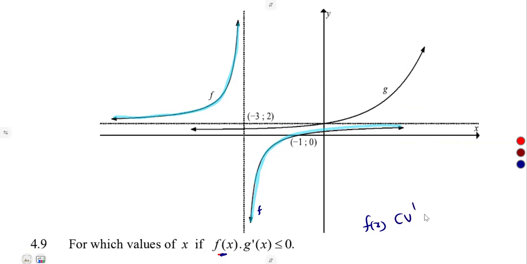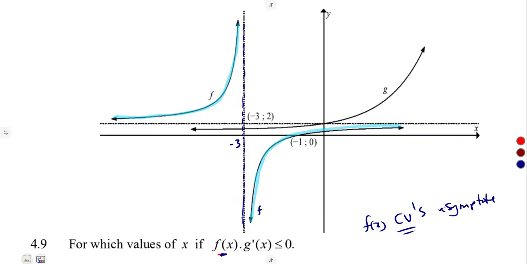So the critical values will be the x value on the asymptote, which is negative 3. So that's a critical value at minus 3. The asymptote separates.